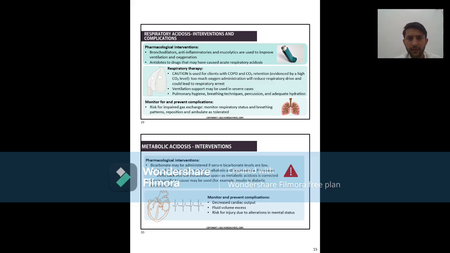This is a nursing diagnosis: impaired gas exchange. Rest, monitor respiratory status and breathing pattern, and reposition and ambulate as tolerated. Metabolic acidosis intervention, pharmacological intervention such as bicarbonate, which is commonly used in the clinical setting if serum bicarbonate levels are low. Carefully monitor for metabolic alkalosis and hypokalemia, which is associated with metabolic acidosis.